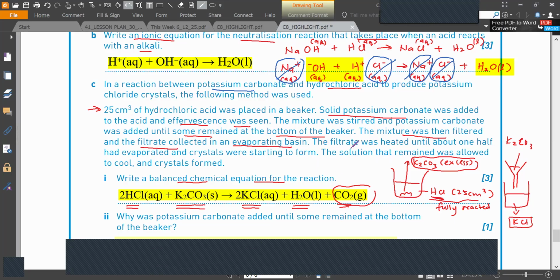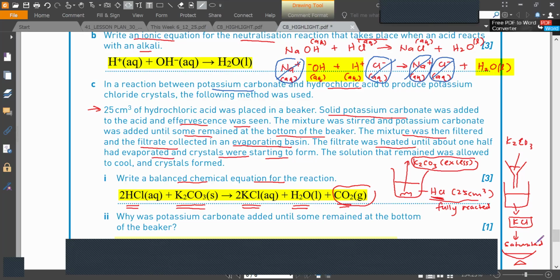This filtrate we put in the evaporating basin and then heated until about one half had evaporated and crystals were starting to form. So we heat it up to remove the excess water to get a saturated solution.